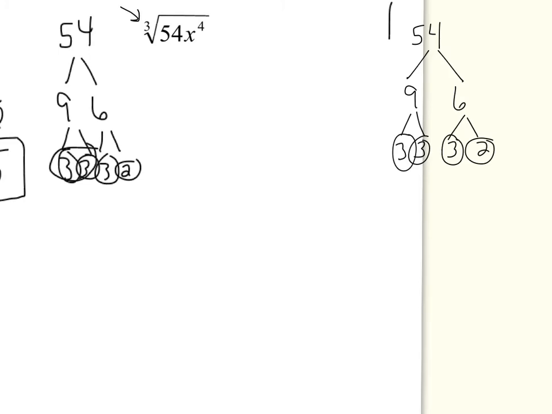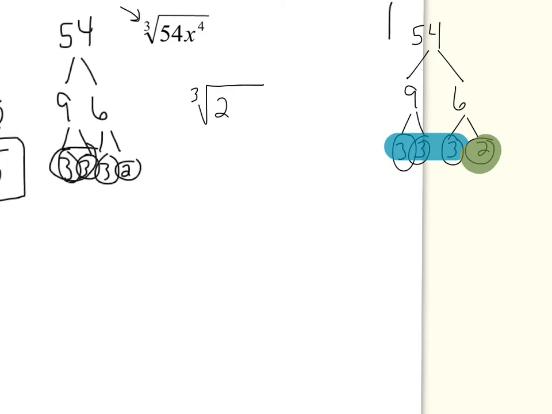Since we're looking for a perfect group of 3, there are 3 3's, and then 1 2 that doesn't match. So just looking at the numeric part, this would be the cubic root. We have the group of 3's, so the 3 goes outside, and the 2 stays inside.